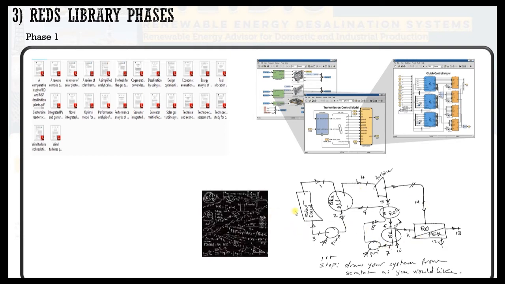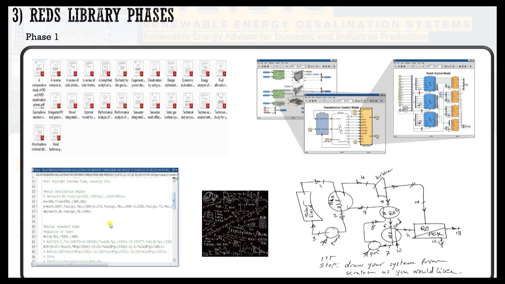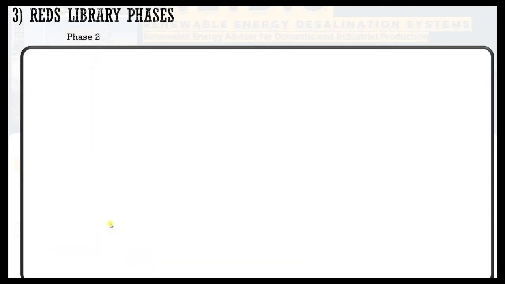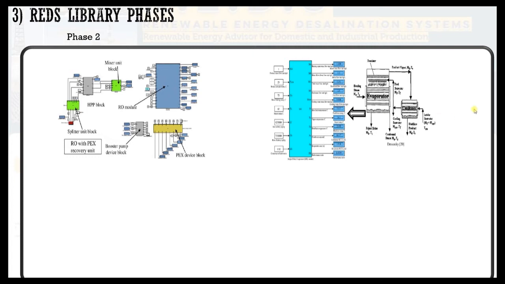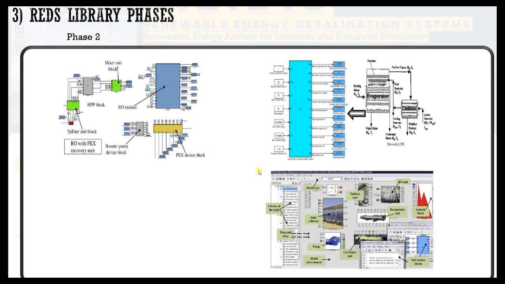Use your calculation methods, build your edit blocks, connect between each block, and reform the whole plant. This is the ordinary matching technique.